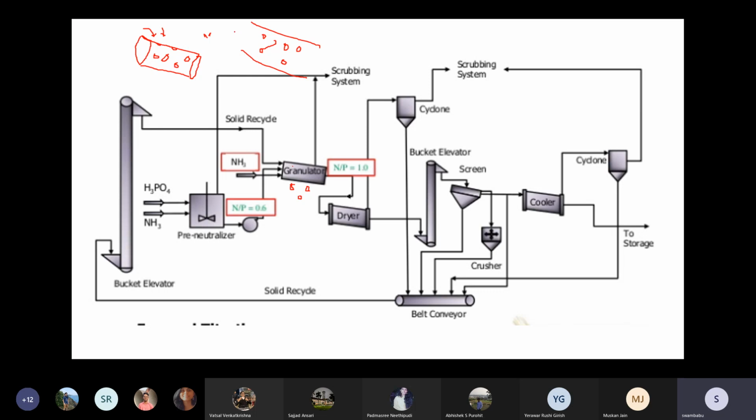The hot slurry is coming, and here we are blowing the ammonia gas through. So simultaneous heat transfer takes place from the hot slurry droplet to the cold ammonia. That way it's getting solidified, and this ammonia also reacts with the material present here to convert monoammonium phosphate into diammonium phosphate.